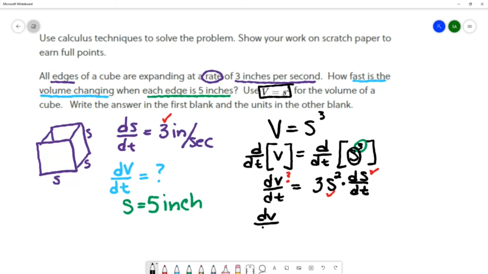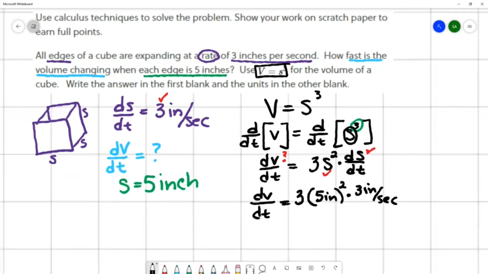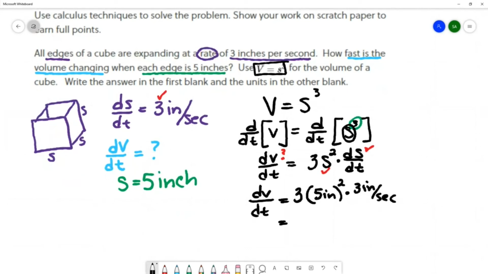I'm going to substitute into this formula. And as I substitute, I'm going to keep track of the units. So in for S, we have 5 inches squared. And in for ds dt, the rate of change of the sides or the edges is 3 inches per second. Following order of operations, I'll apply the exponent first. 5 squared is 25. I also square the units, so I have inches squared.